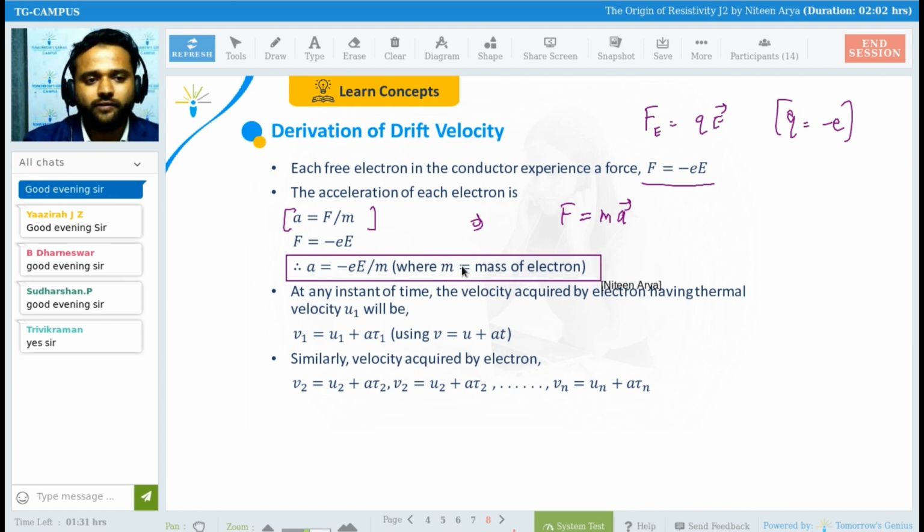What is the mass of an electron? Anyone? Tell me. You know that? Because if you don't even know the order, you don't understand what the power of this is, because that is going to be very high. What is the order of mass of an electron?